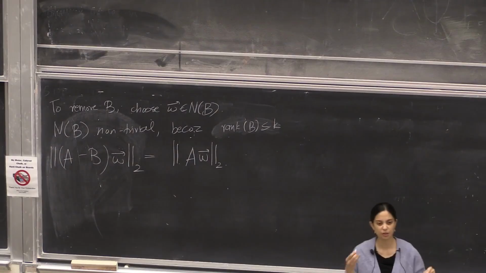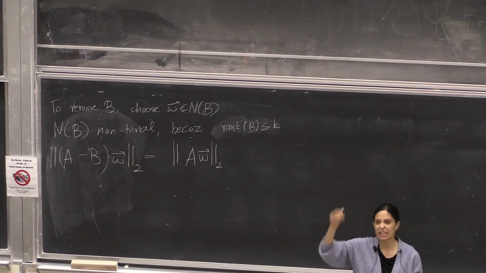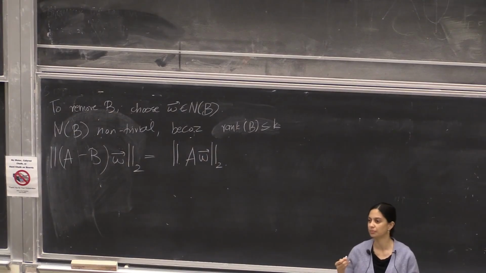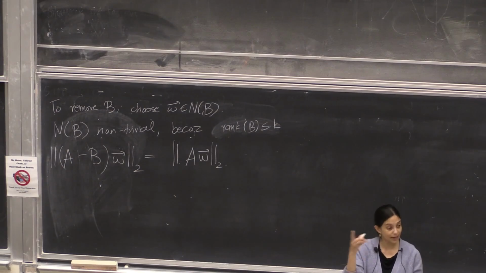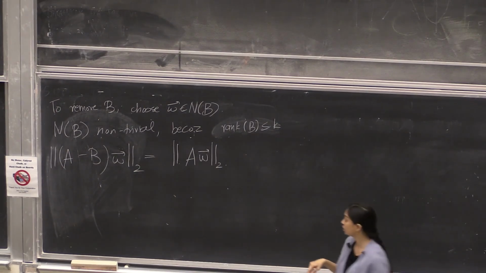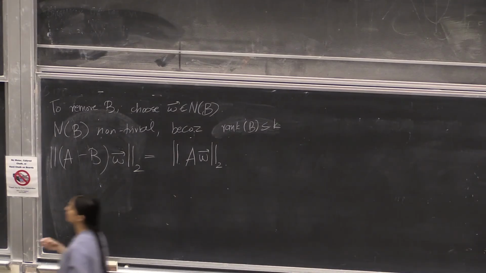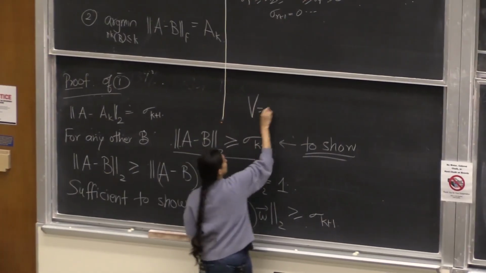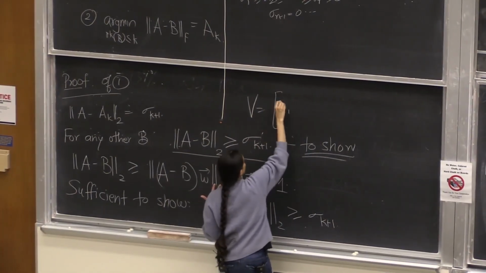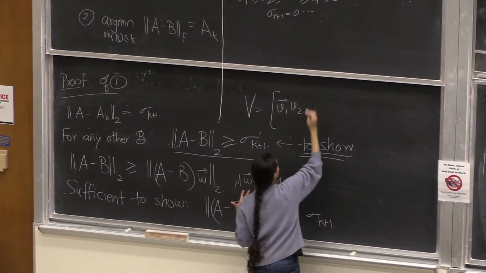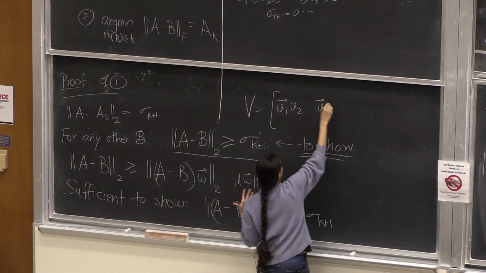What other properties do you want W to have such that you can get that sigma K plus 1 out? Look at those eigenvectors or those singular vectors that correspond to that, right? So what is the eigenvector that corresponds to sigma K plus 1? Let's say I have my V, and I write my V as V1, V2, Vk.